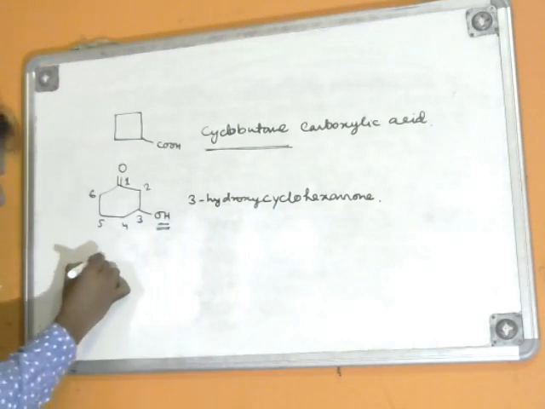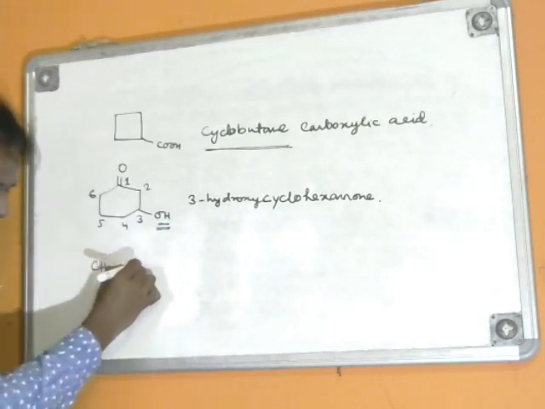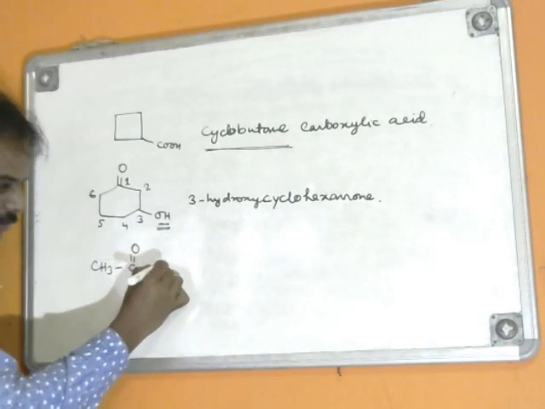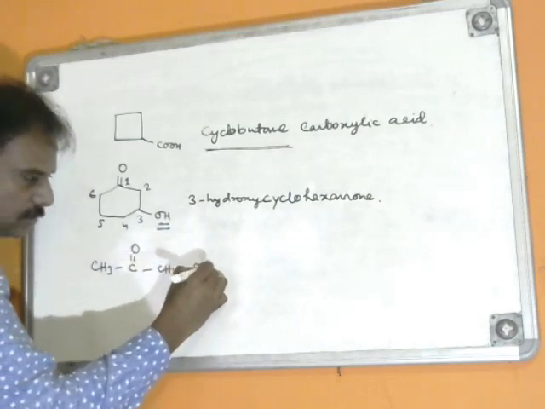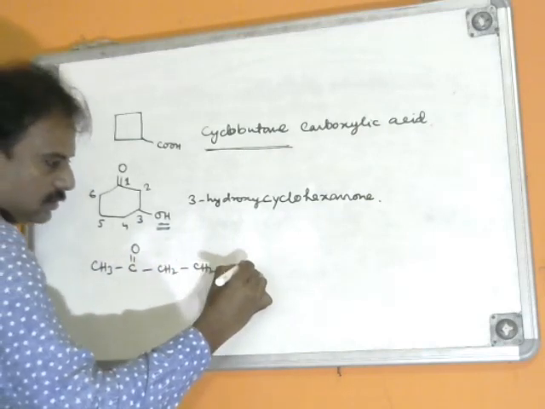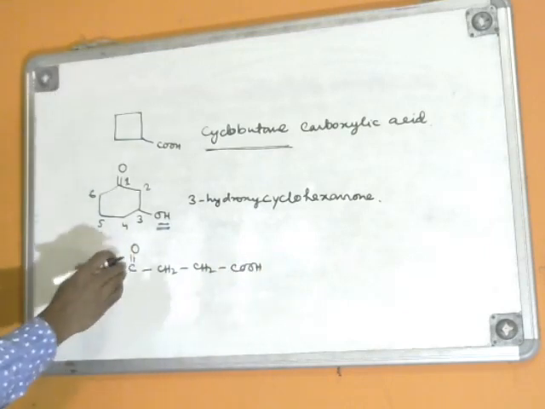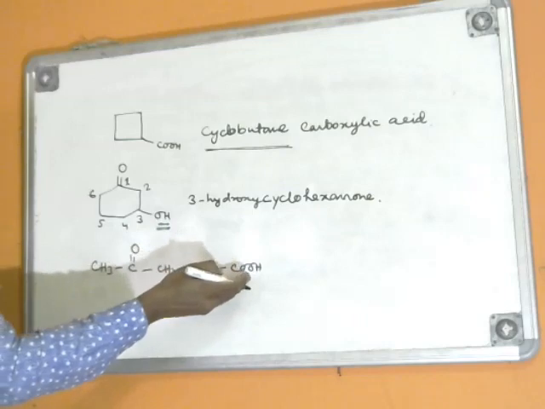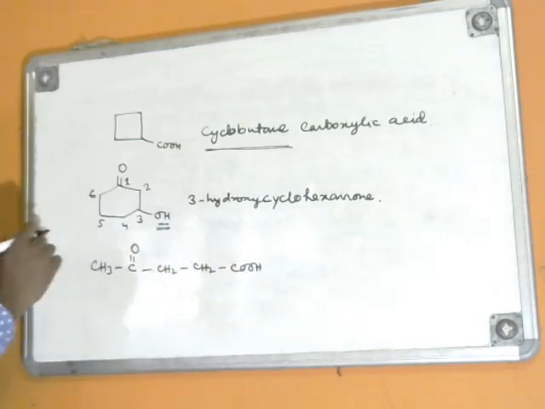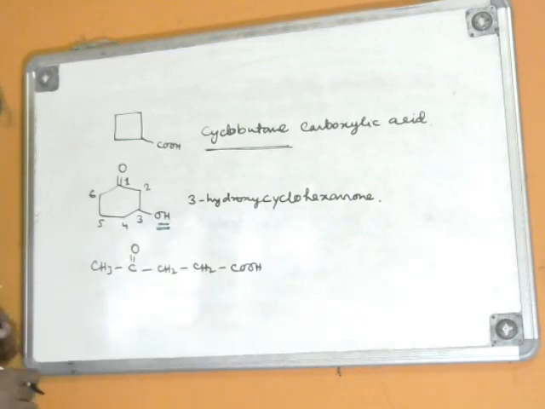Now another compound I am taking: CH3, C double bond O, CH2, CH2, COOH. So here also two functional groups are present. One is the carboxylic group and another is the ketonic group. But according to the priority rule, the carboxylic group will get more preference.